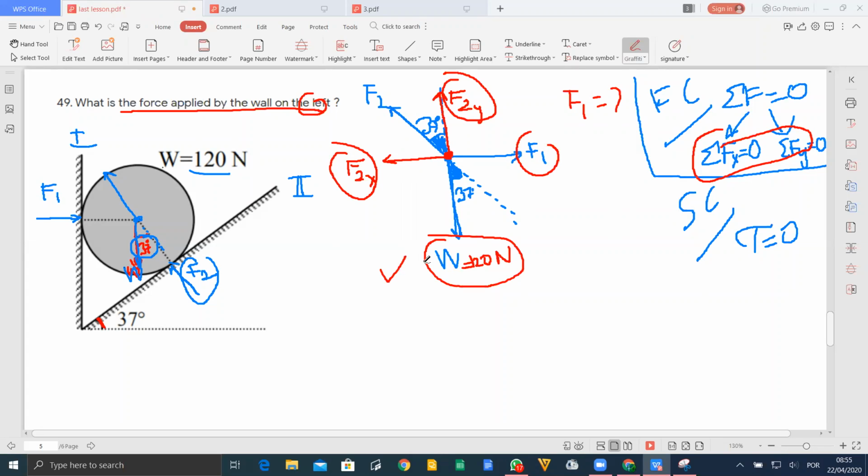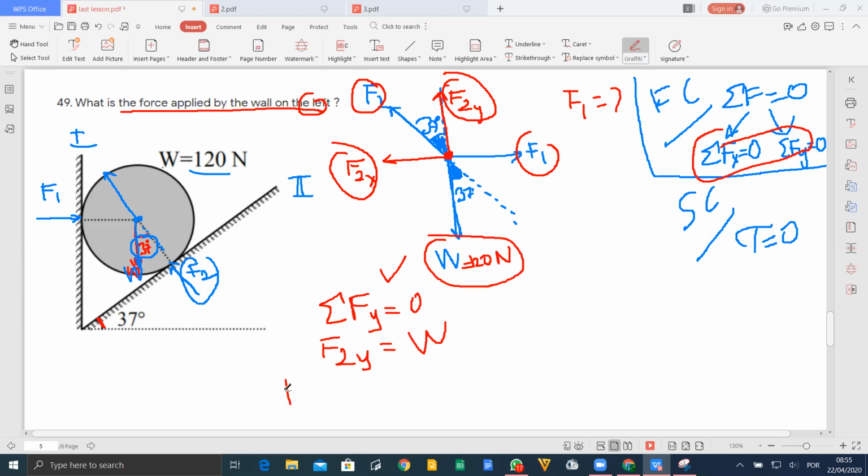What we know is W, the weight of the object, and then we will equate it to F2y, and then we will go from F2y to F2x. After finding F2x, we will say that it's going to be equal to F1 in magnitude. So let's start with the y. Total Fy is equal to 0, and then F2y is equal to W on the y-axis. What is F2y in terms of F2?